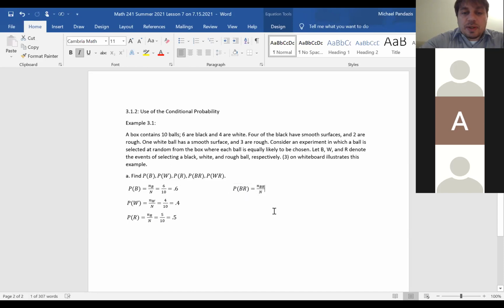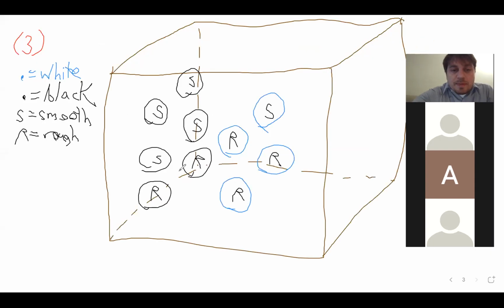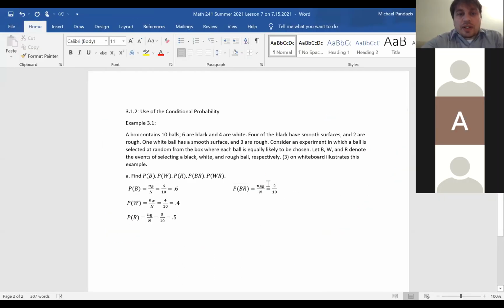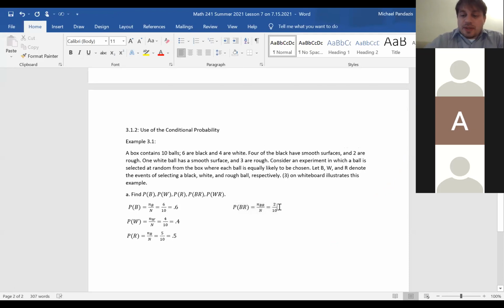So it's N sub BR divided by N. The total N is 10. And for the balls that are black and rough, we just look at the black ones that are rough, there's 2 of them. Okay, that's 0.2.